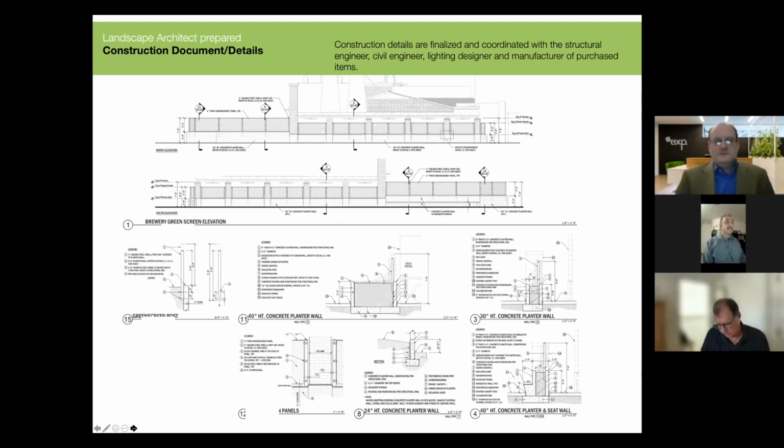Specific products have been specified, such as green screen, and everything has been coordinated with the product manufacturers and other design disciplines on the team. And also by this point, we've requested product samples so that the creative team and the owner's maintenance team could see and hold the product before they give us their approval.